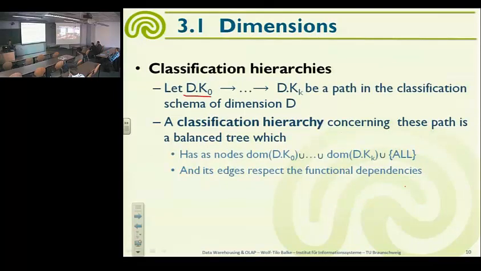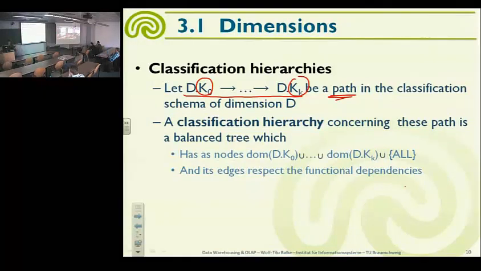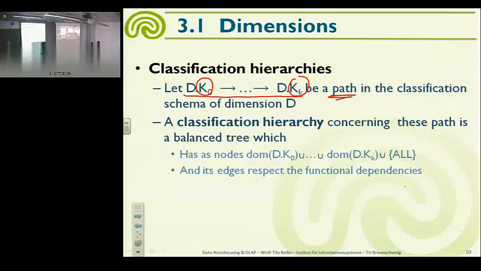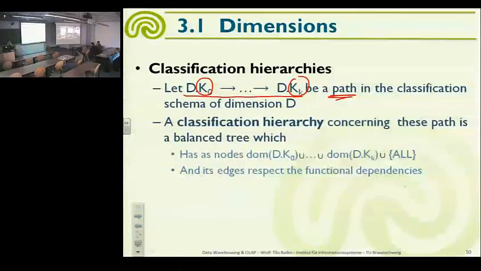So, as defined by the classification schema, you start off from the smallest granularity, you go up to the highest granularity, and this basically makes the path. Now, there's a nice way to represent these classification hierarchies, and this can be done through a balance tree. So when you have different paths, you want to be able to understand quickly how your classification levels are, you can represent this by a balance tree.